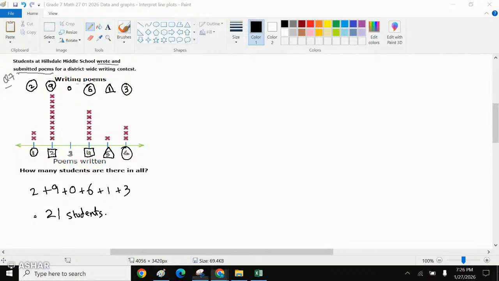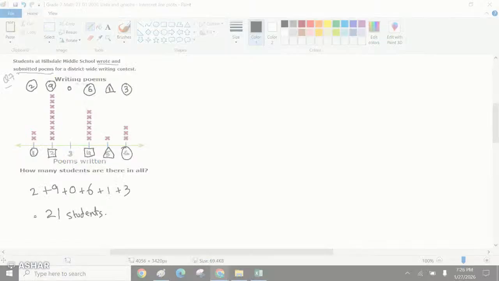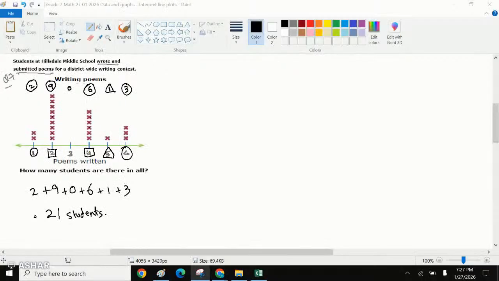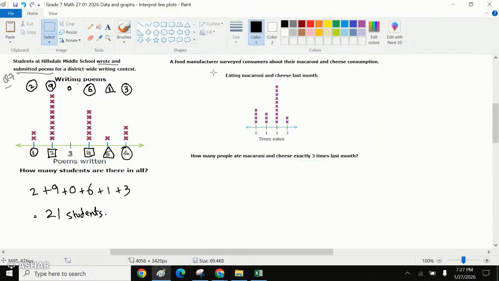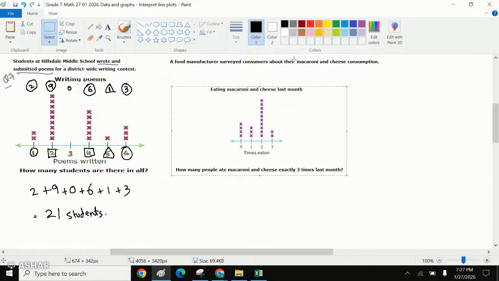A food manufacturer surveys consumers about their macaroni and cheese consumption. Let's see what they're asking us. If this is the question given to us. Okay, macaroni and cheese consumption.